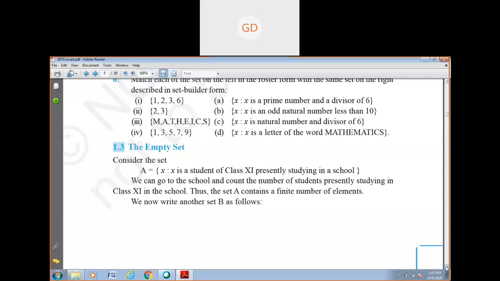If you define properly, and there is no mistake in your definition, then definitely it is a set. But elements do not exist, so the number of elements becomes 0. Then it is an empty set or null set.